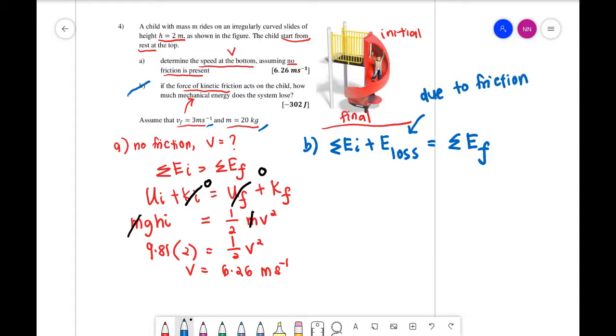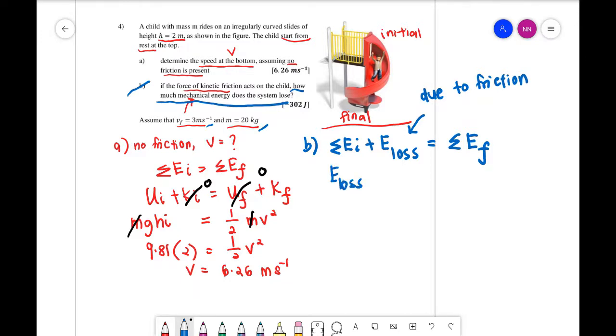Okay, so untuk soalan B ni dia nak cari how much mechanical energy does the system lose. So nak cari energy loss berapa lah. So maybe kita boleh let energy loss as the subject.